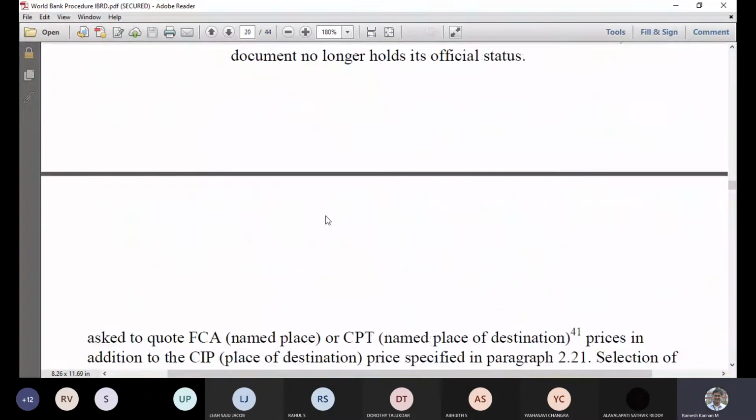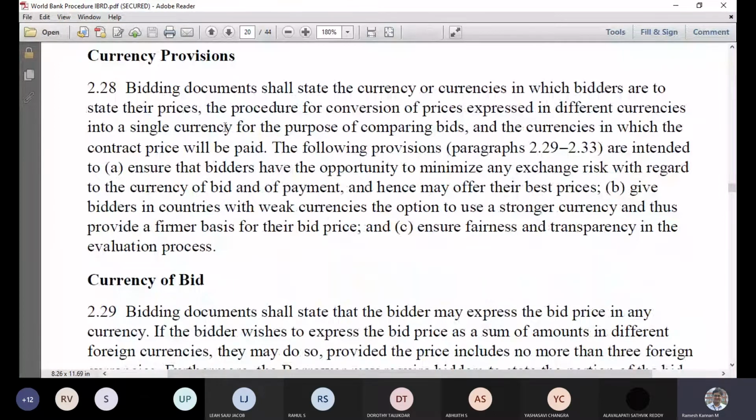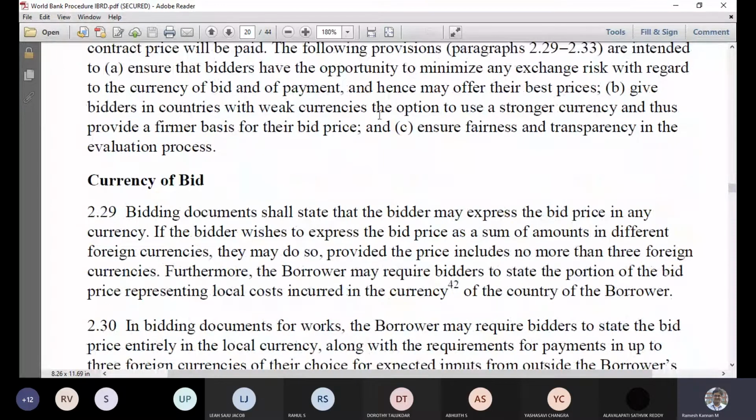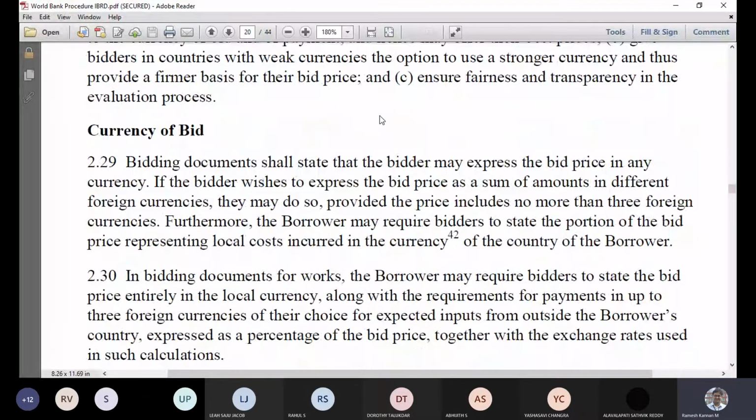Then transportation and insurance, like the goods, and currency provisions. There isn't any fixed currency. They can quote in the currency of their native place, and also in an international currency like USD or Euro or something like that. And you can see that the bid expresses no more than three foreign currencies.